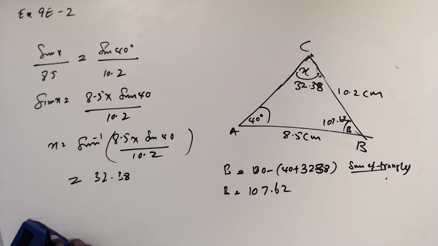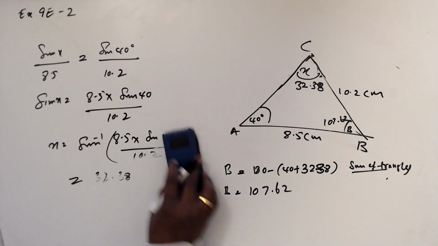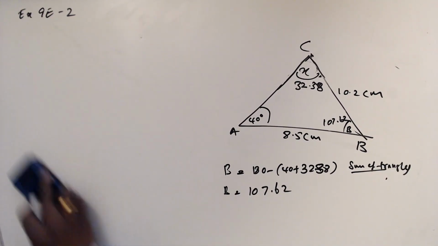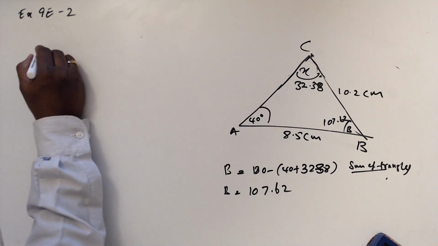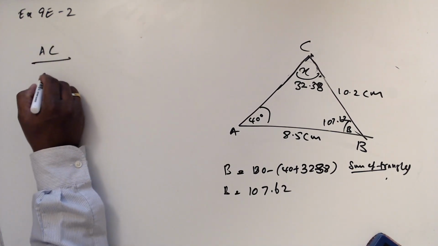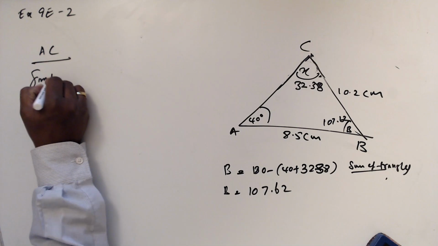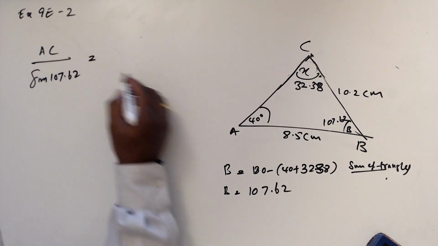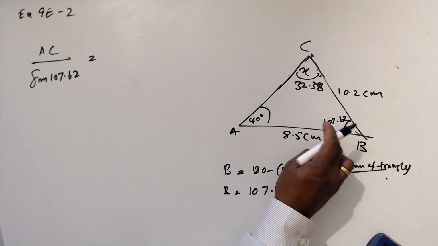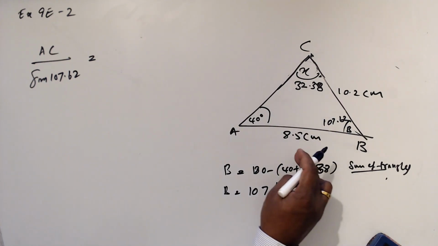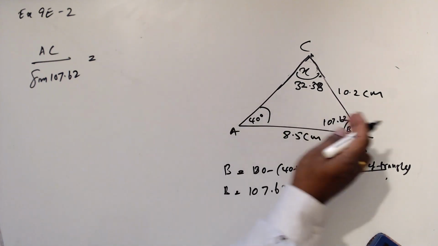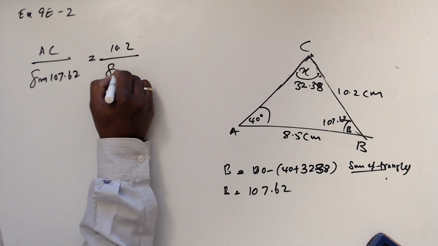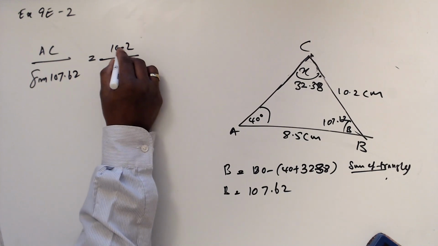Then AC over sine 107.62 equals 10.2 over sine 40.